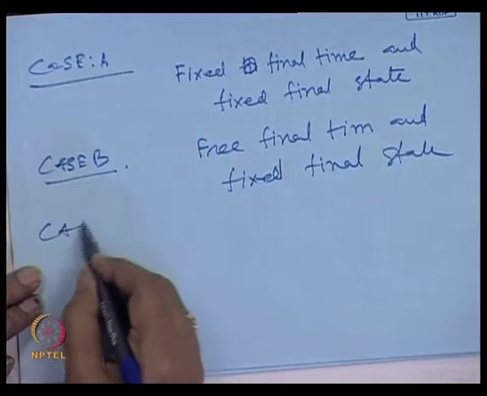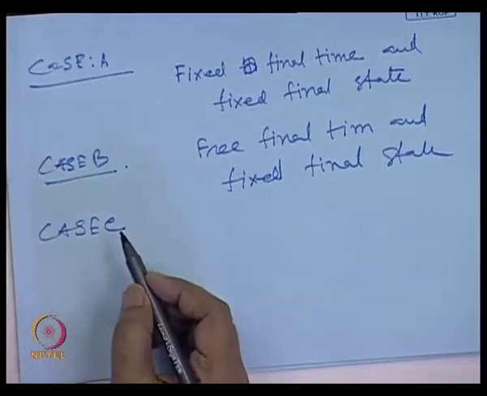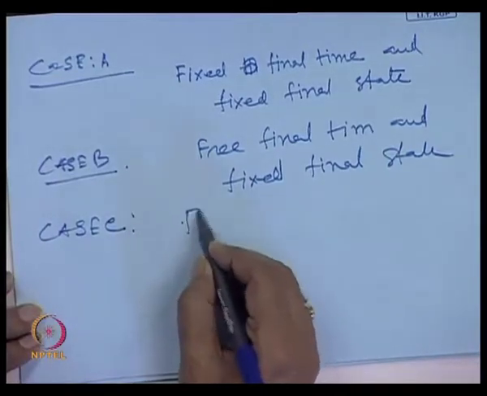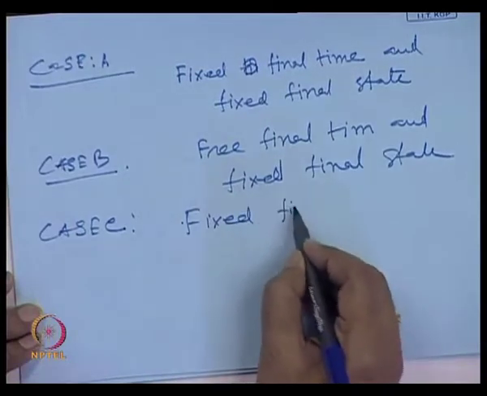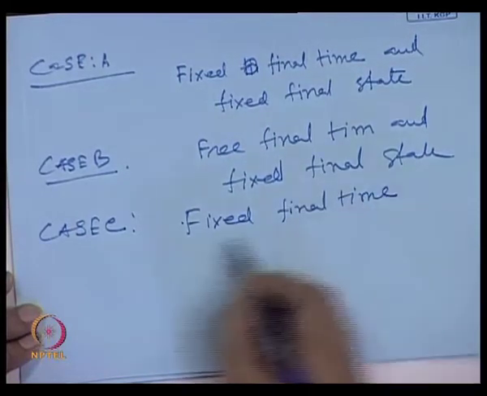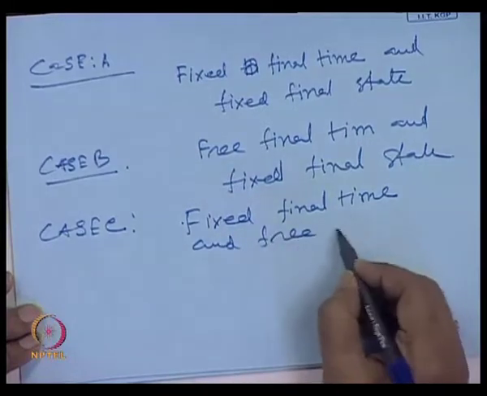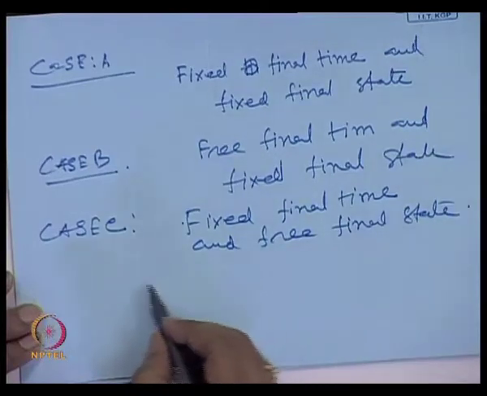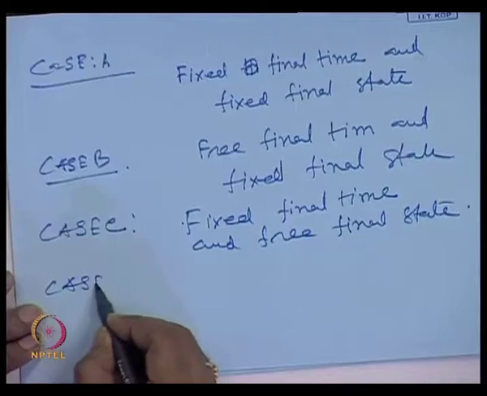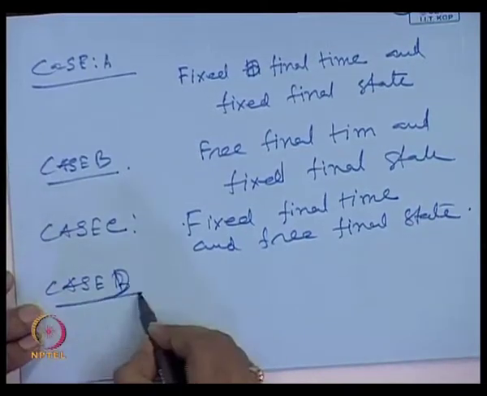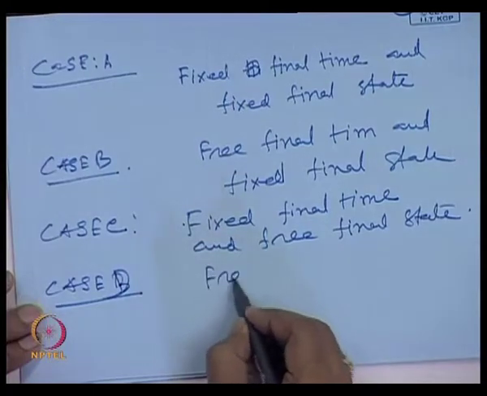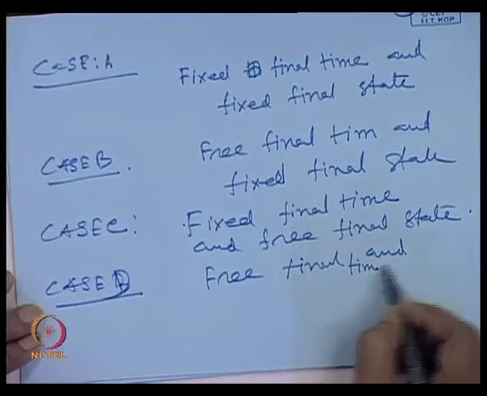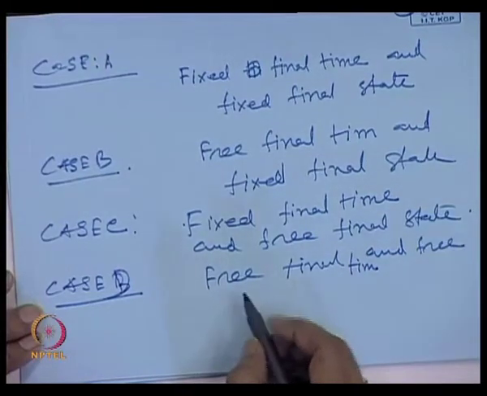Similarly, case C is fixed final time and free final state, and the last one, case D, is free final time and free final state.